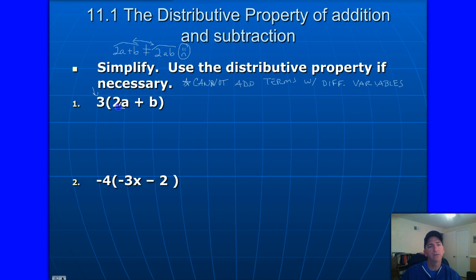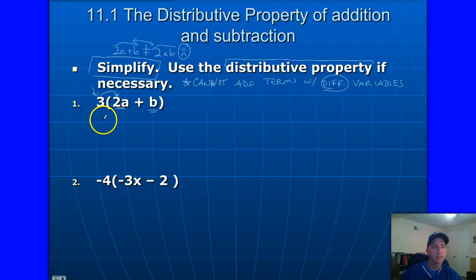There's nothing you can do to this 2a and this b because they're different terms. They have different variables. Okay, but we can simplify this. There is something we can do that has to do with the distributive property that we learned at the end of the last video. What I can do is I can take this 3 and I can actually multiply that 3 times 2a.